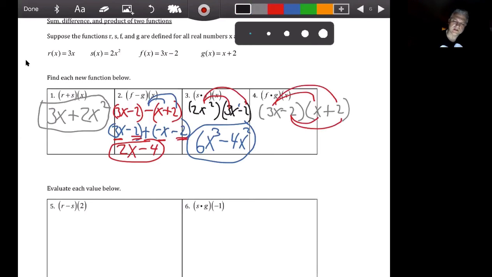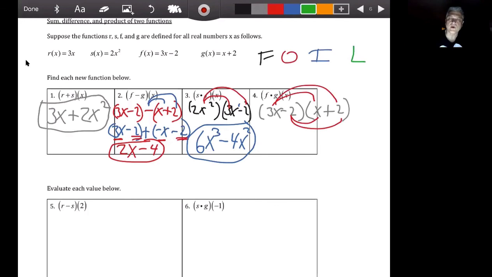If we want to take the F, the O, the I, and the L. If you don't use the FOIL, that's fine. You're just going to distribute twice anyway. So first times first: that would be the 3x times the x.